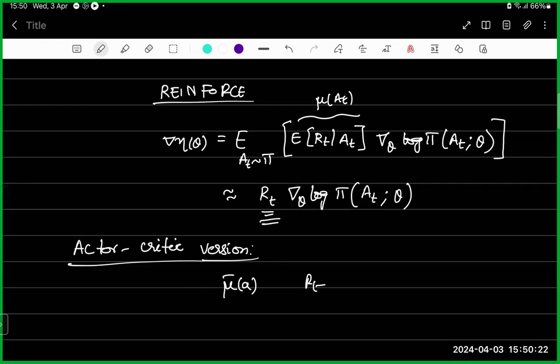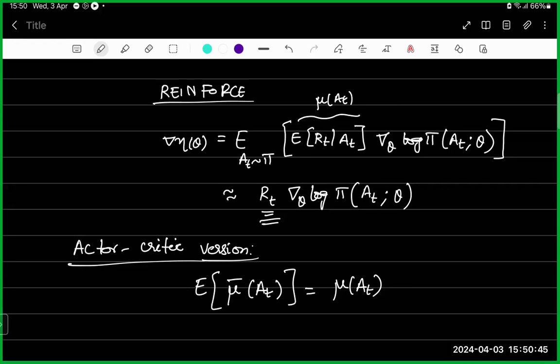Because that also in expectation is equal to mu of A. The expectation of mu bar of AT will also be equal to mu of AT, because that is also a sample average. So that will also satisfy the stochastic gradient descent property.